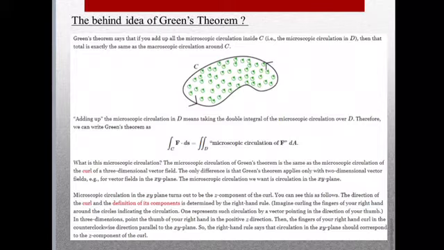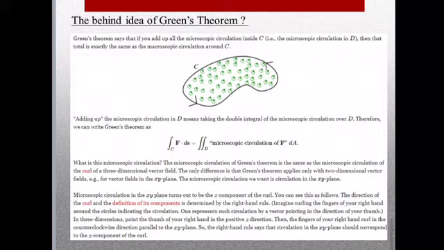Therefore, we can write the formula of Green's theorem as the integral of F·dS equal to the double integral of the microscopic circulation of F dA. Now, what is the microscopic circulation? The microscopic circulation in Green's theorem is the same as the microscopic circulation of the curl of a three-dimensional vector field.